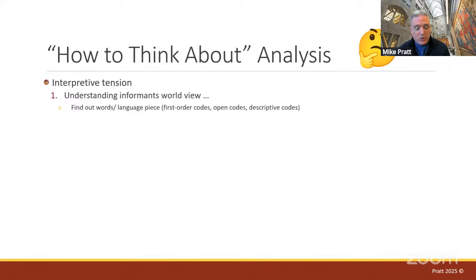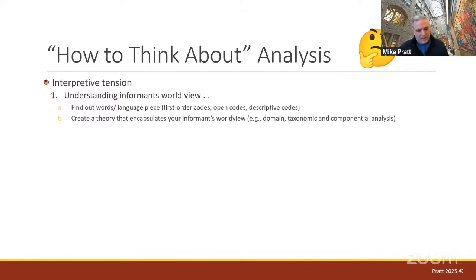People are going to use a lot of different terms for this. Ethnography uses first order codes. If you talk to John Van Maanen, for example, other people are going to use open codes. Some people will use descriptive codes. But the essential thing is I'm trying to understand how they think, what's their worldview.